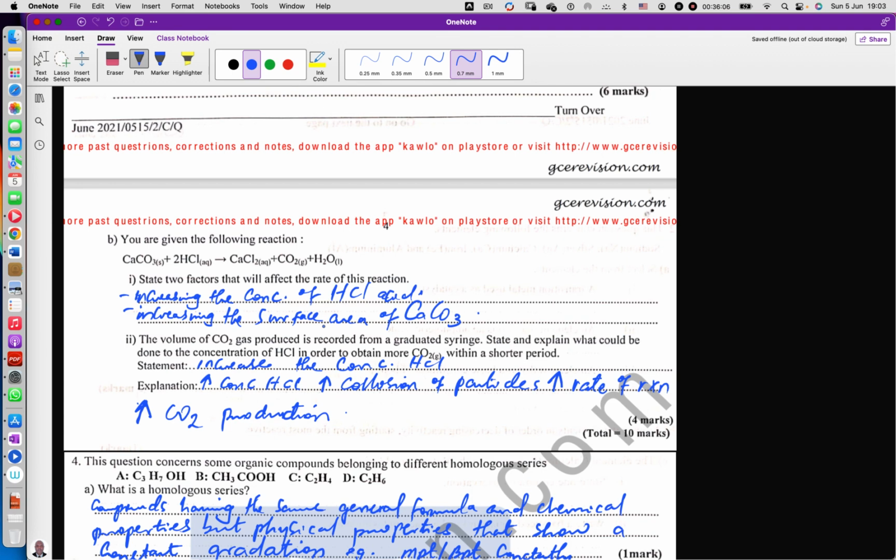Okay. Two, the volume of carbon dioxide gas produced is recorded from a graduated syringe. State and explain what could be done to the concentration of hydrochloric acid in order to obtain more carbon dioxide within a shorter period.